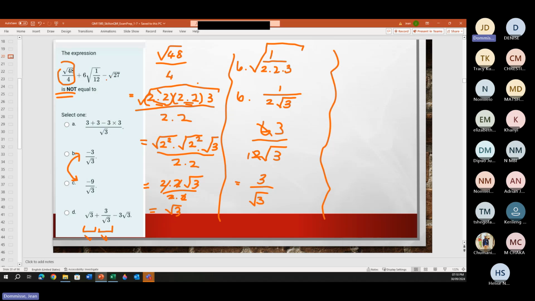And then we've got the 27. So the 27 will be 3 times 3 gives you 9, times 3 will give you 27. So again, here it is 3 to the power of 3, sorry, 3 to the power of 2 times 3.